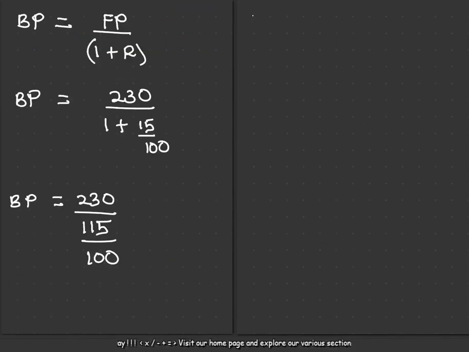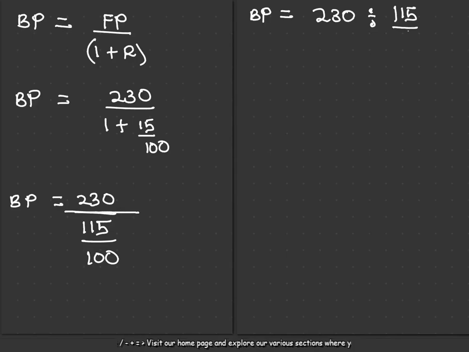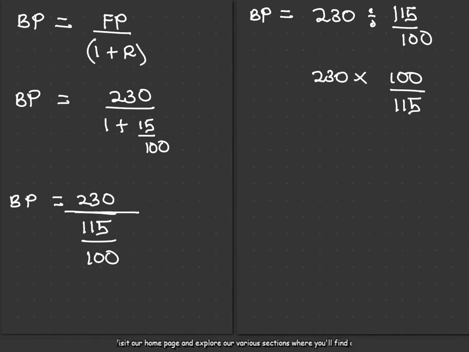So our base price now can be written as, this one is longer, so we have 230 then divided by 115 over 100. That is 230 times 100 over the 115. You see that? And if you have to simplify further, you realize that 115 divides 230 twice.